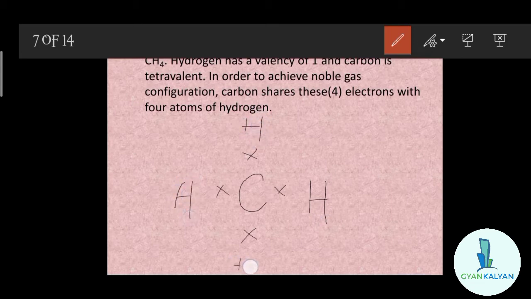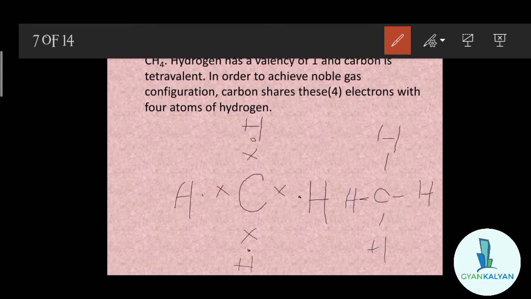Okay, so hydrogen has 1 electron each in its outermost shell. So this is the way in which they will form bonds. Okay, something like this, single bond. आप देख सकते हैं कि ये 4 bonds ही single bond हैं.